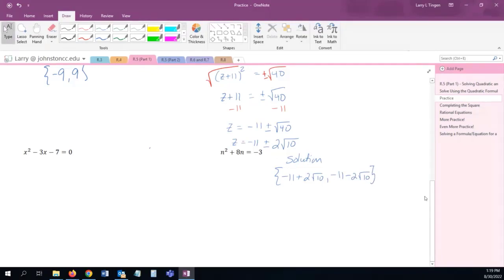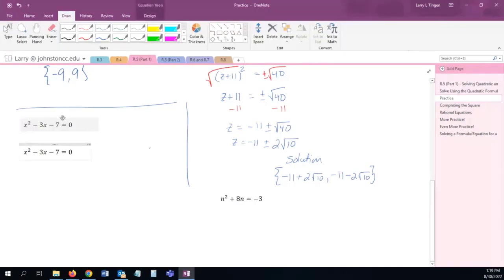Okay. Now, last one. Let's do the problem on the left, and then I'll leave this n squared to do on a video later. X squared minus 3x minus 7 equals 0.